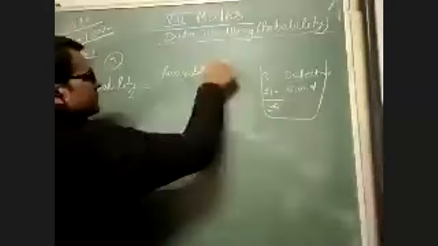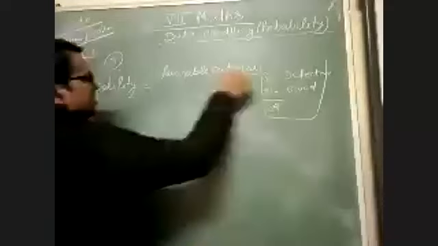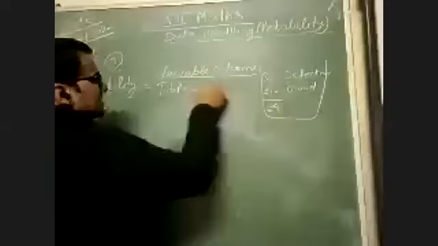The formula related to probability was that last lecture we have done it. Probability of any event is the number of favorable outcomes divided by total number of outcomes.